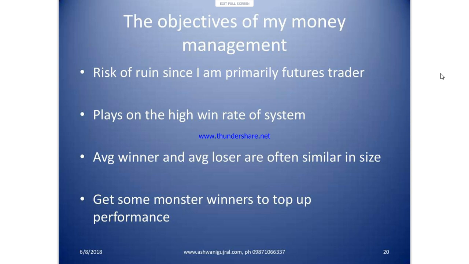So the focus is on a high win rate system. Average winner and average loser are often similar in size, because there are monster winners too. So the idea should be, when the market is kind, you try to make it large. When the market is sideways, you tend to go slow. You can change your volume also when the markets are sideways.